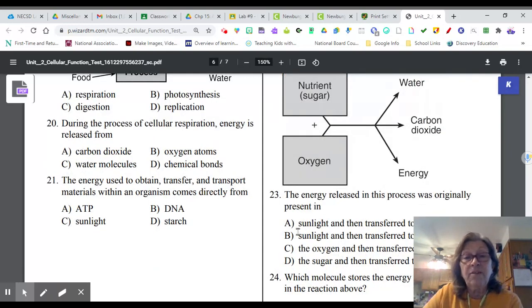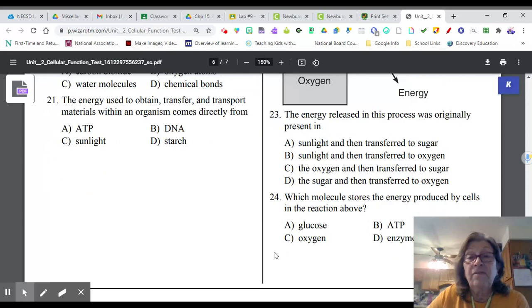Question number 23. The energy released in this process was originally present in A, sunlight and then transferred to sugar, B, sunlight and then transferred to oxygen, C, the oxygen and then transferred to sugar, D, the sugar and then transferred to oxygen.